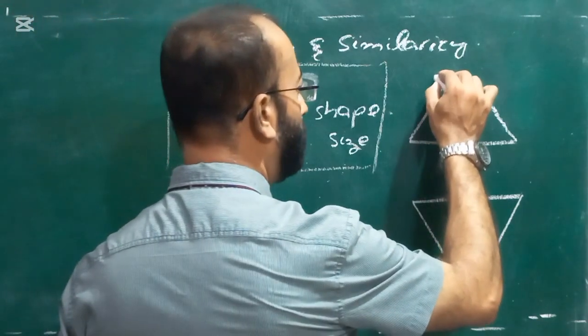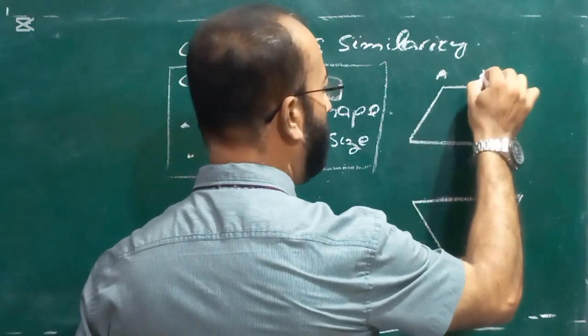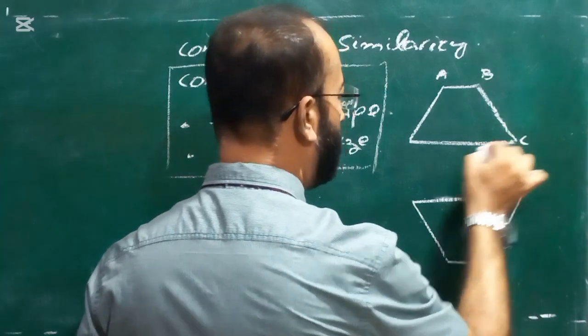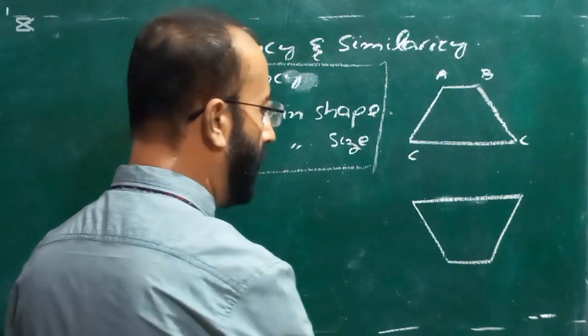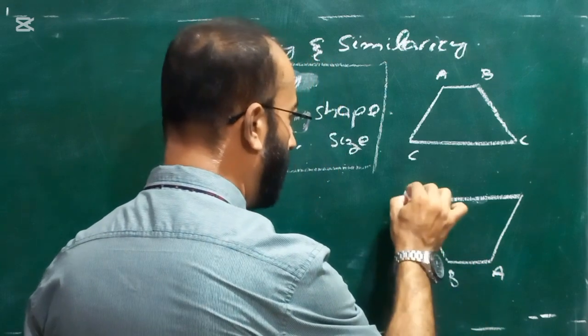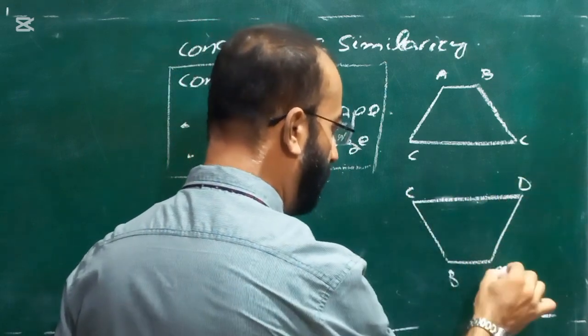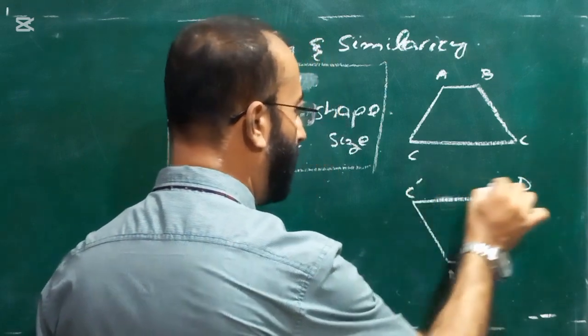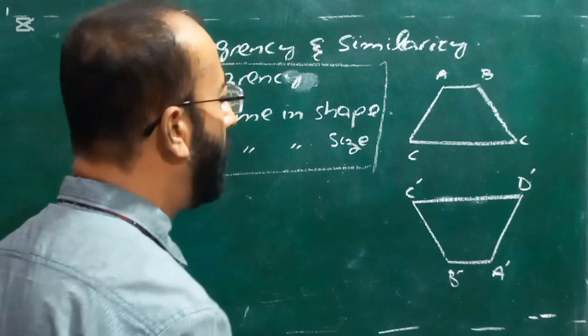For example, here is A, B, C, D. Then here will be A, B, C, D. For example, these are A dash, B dash, C dash, and D dash.